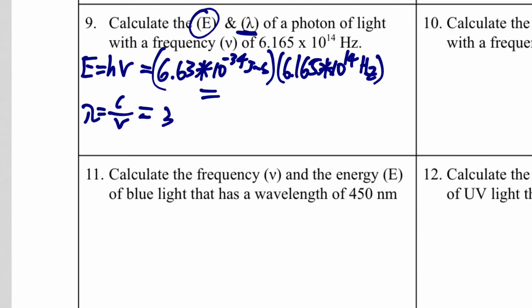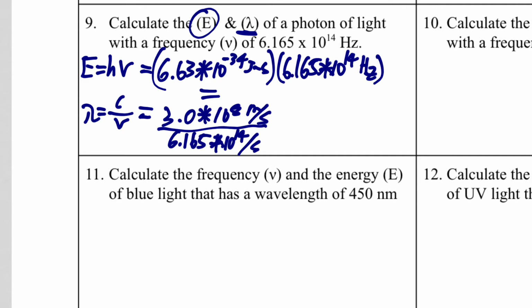The second part, you're going to take the 3.0 times 10 to the 8th meters per second divided by that 6.165 times 10 to the 14th per second. And hopefully you realize the per seconds cancel each other out, leaving you with meters as the end.